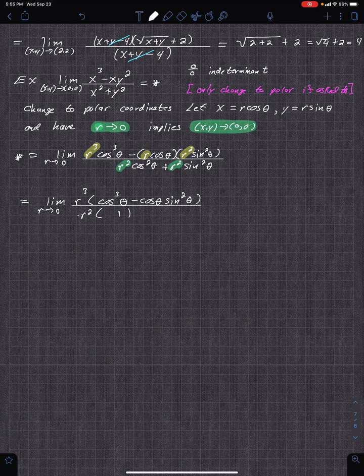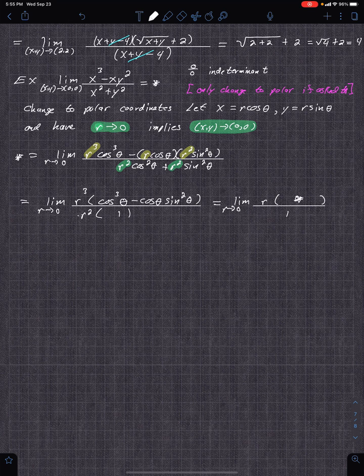Actually, it's important that you have r reduce out and simplify. So basically, you get the limit of r times all of that all over 1. And it doesn't matter what that is.